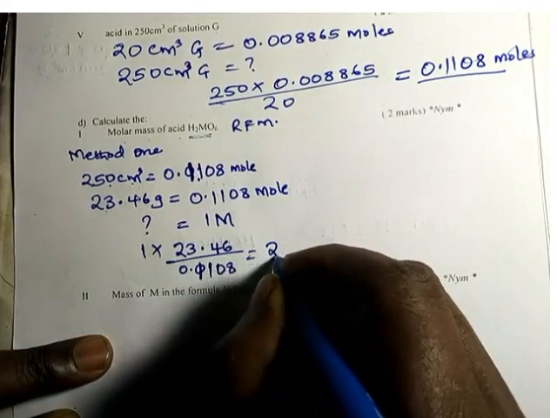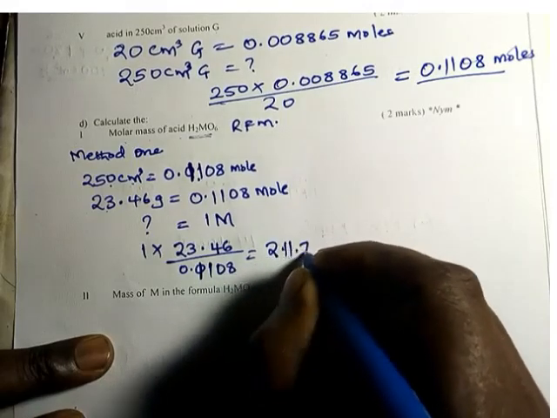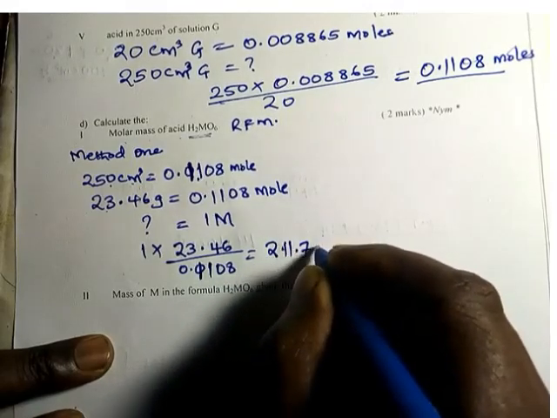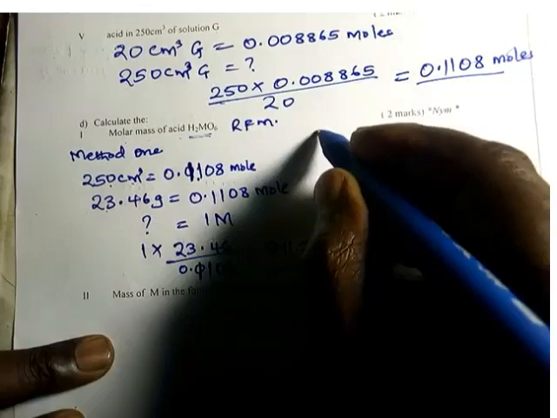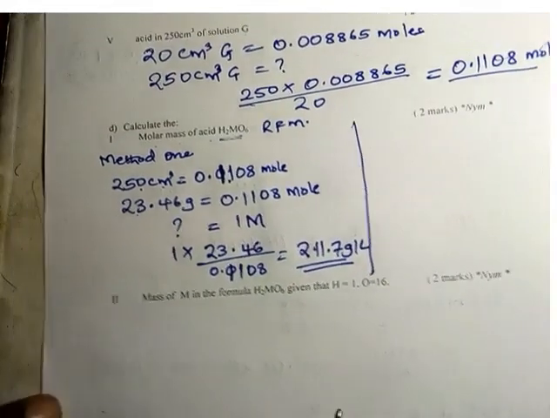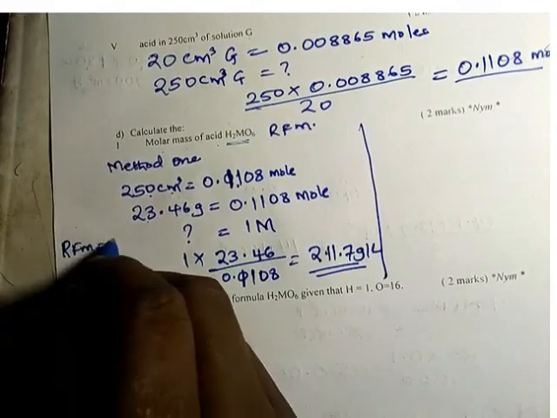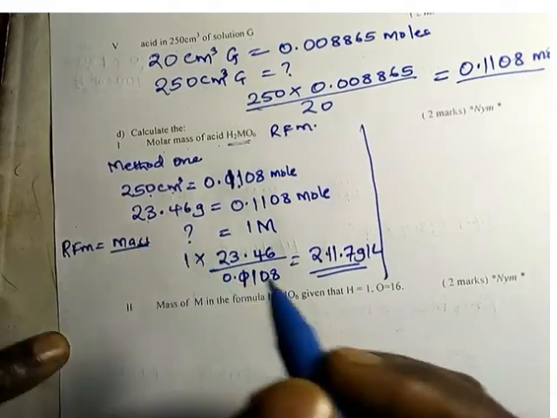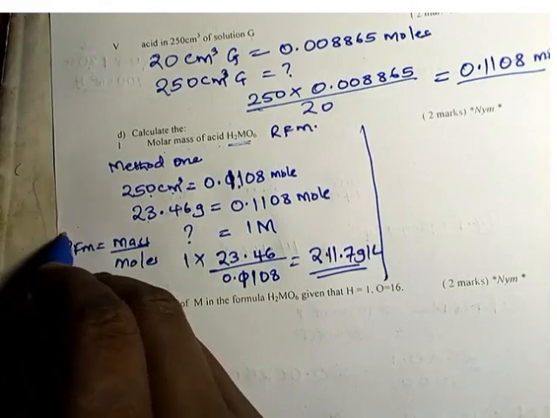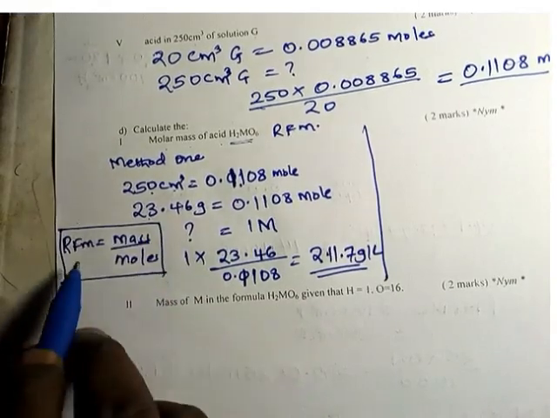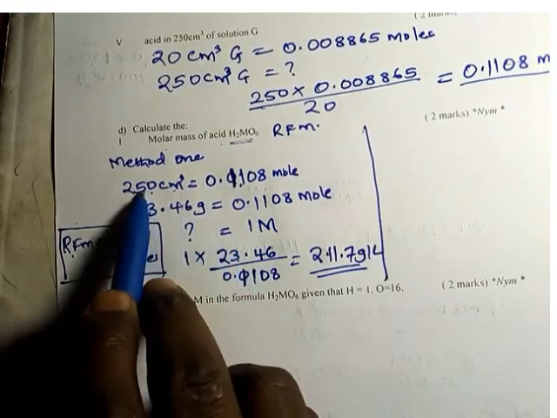This one gives us 211.7, and that is the mass in grams per mole. You can simply say RFM is equal to mass over moles. That's what I have done. Method 1 is RFM equal to mass over moles in 250.